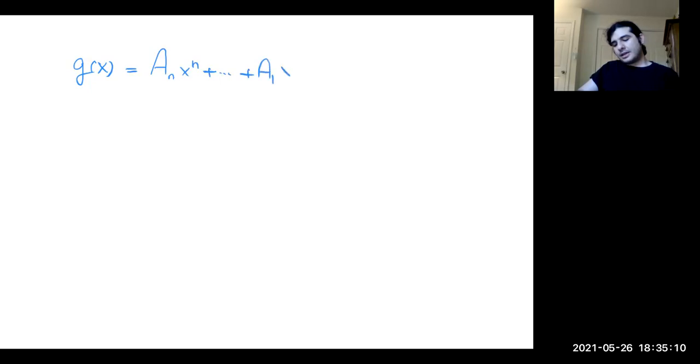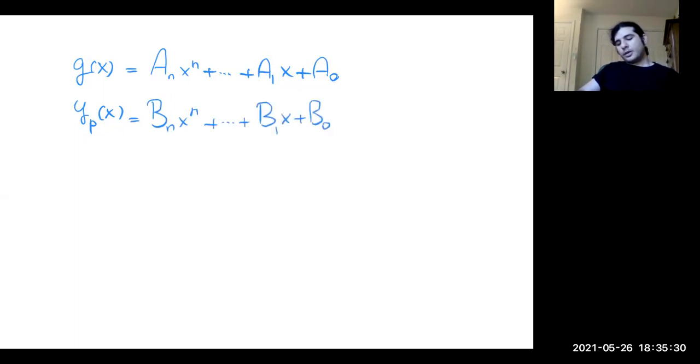If g of x, the non-homogeneous part, is a polynomial in terms of x, say a n x to the n plus, say, a1 x plus a naught, the particular solution corresponding to this is again a polynomial whose degree is less than or equal to this one. So it's something of the form bn x to the n plus b1 x plus b naught. We don't need to look at any higher order terms.